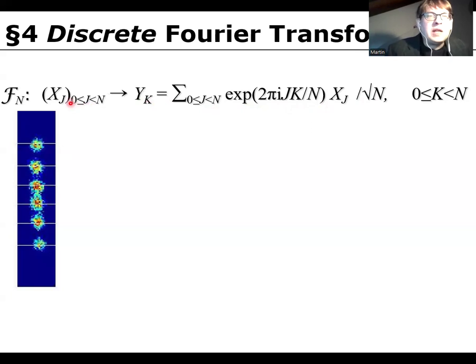So input is x with index j, output is vector y with index k, running from 1 to n. And you may recall from mathematics that this discrete Fourier transform is indeed a unitary transform, which means we have a good chance of translating it into the quantum setting.